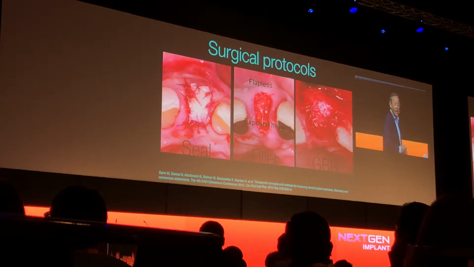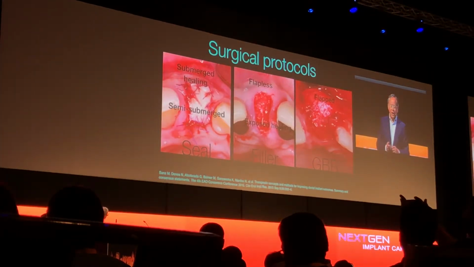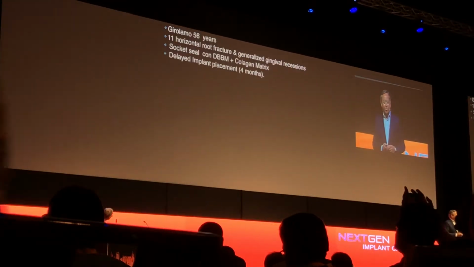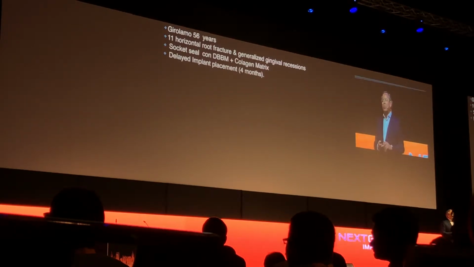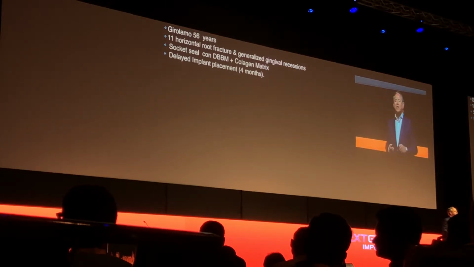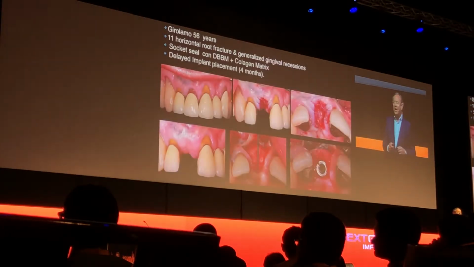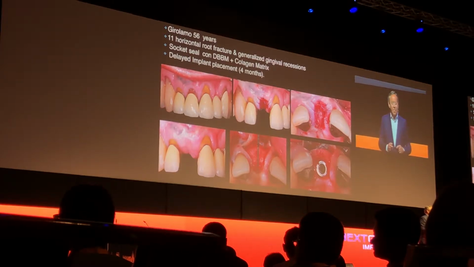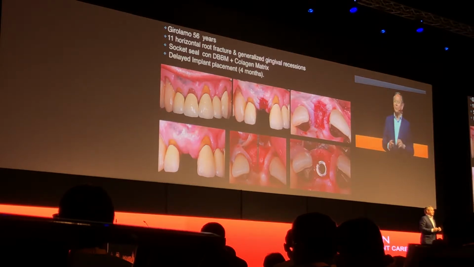So of course today, with this evidence, we have several protocols that allow us to indicate this approach in specific circumstances. Would I do ridge preservation in every situation where I do an extraction? Obviously not. But I would probably recommend it in highly aesthetic situations where I have very thin buccal bone and where I need most of the crest to be preserved.